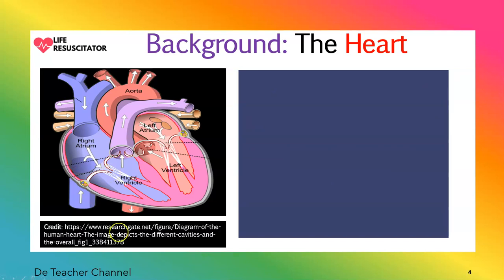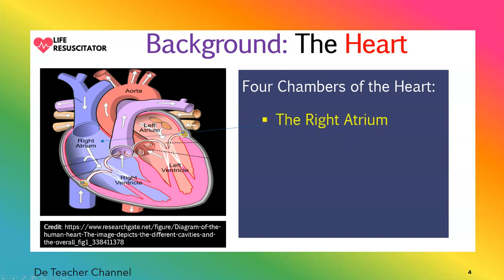So you can see the diagram, and the credit goes to this source. This beautiful, colorful diagram is actually taken from this source. You can see the heart in a nutshell. There are 4 chambers. The right atrium, you can see the right atrium there.